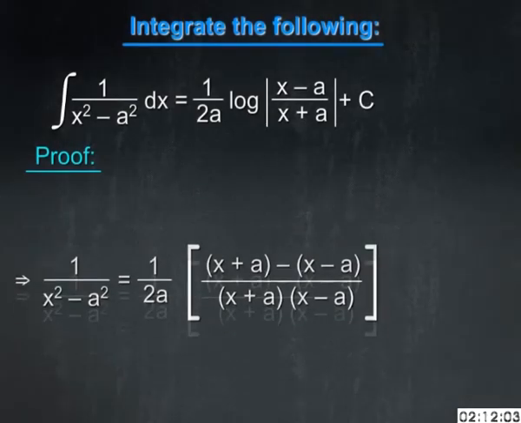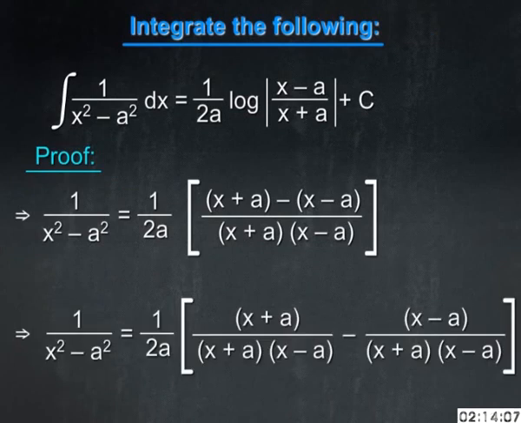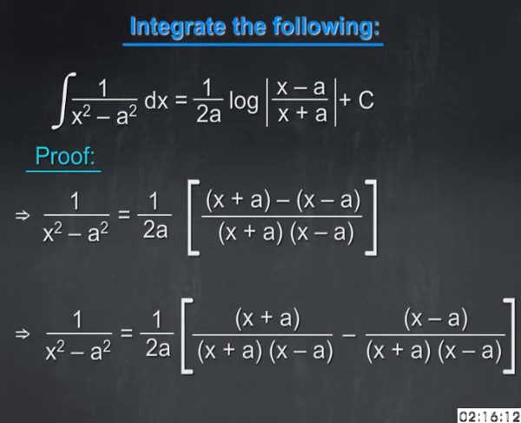Further, it is equal to 1 upon 2a whole multiplied by x plus a divided by x plus a into x minus a minus x minus a upon x plus a into x minus a.